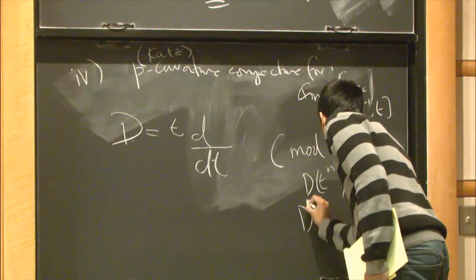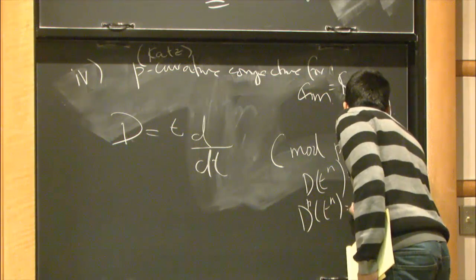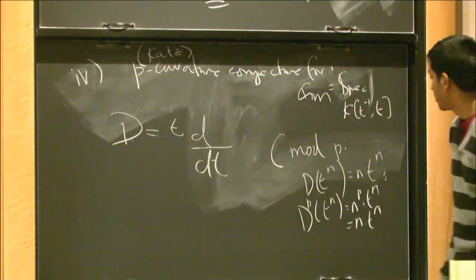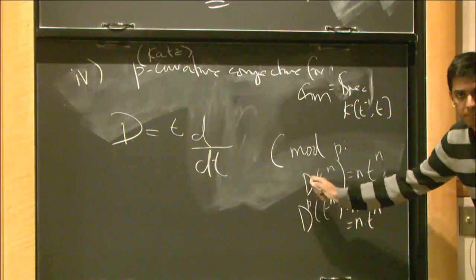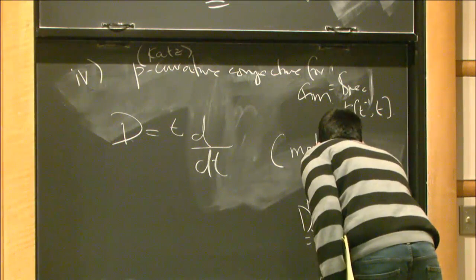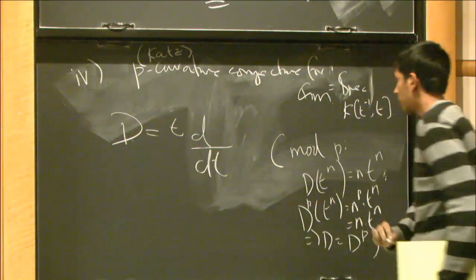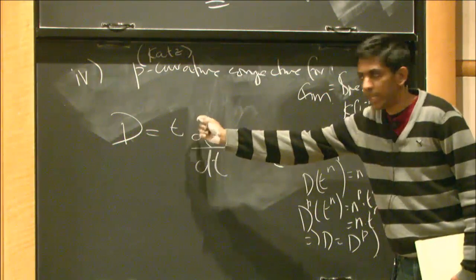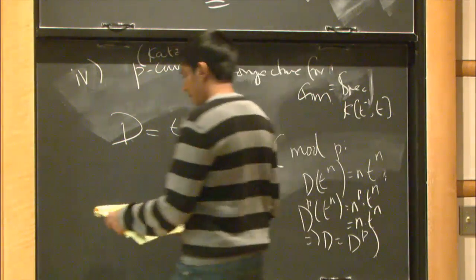So D to the p of t to the n equals n to the p times t to the n, which is nothing but n times t to the n. And so mod p, D and D to the p are the same. This just makes computations a whole lot easier, which is why we make the slightly curious choice of D equaling t times d by dt. Okay?